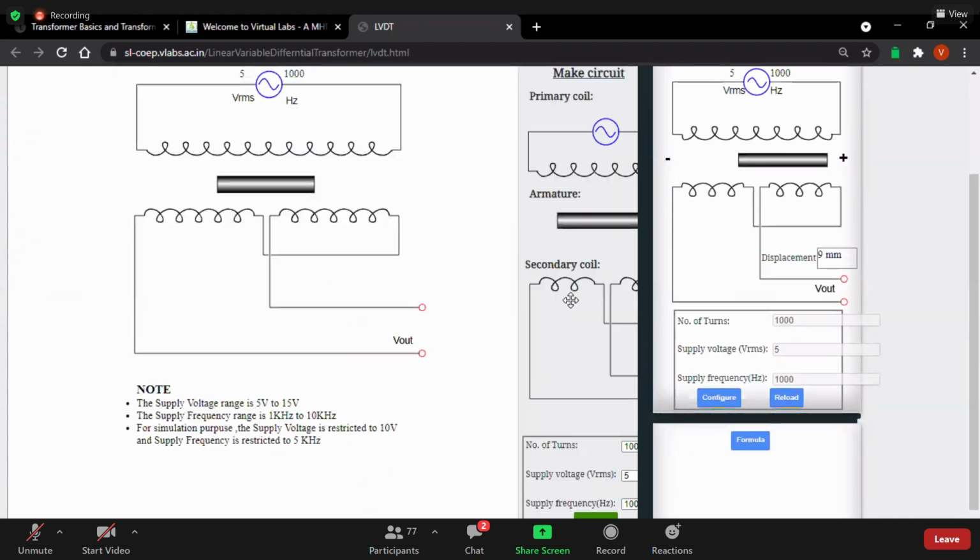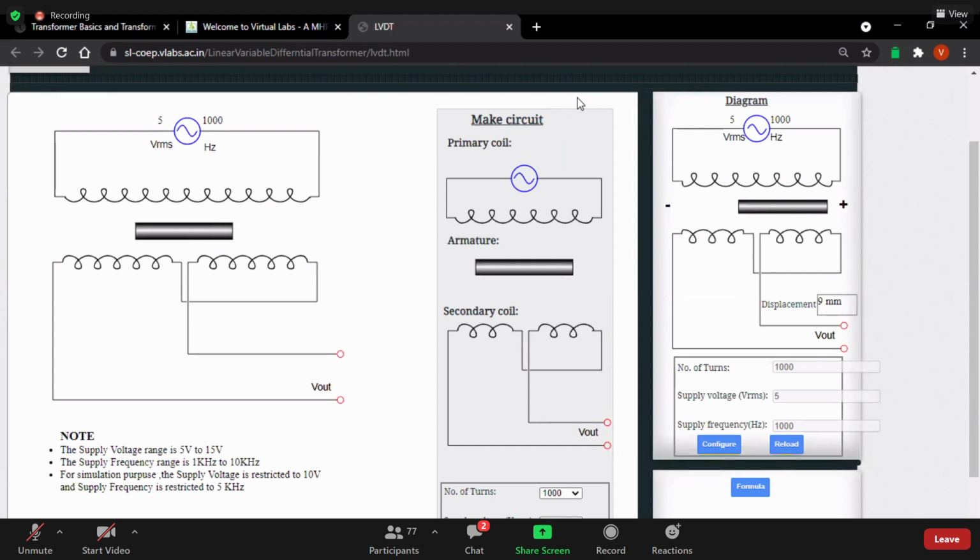What is the use of the core in LVDT? Armature is nothing but core. Okay, sir.